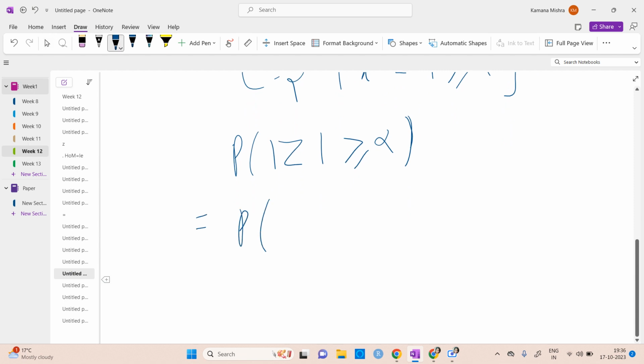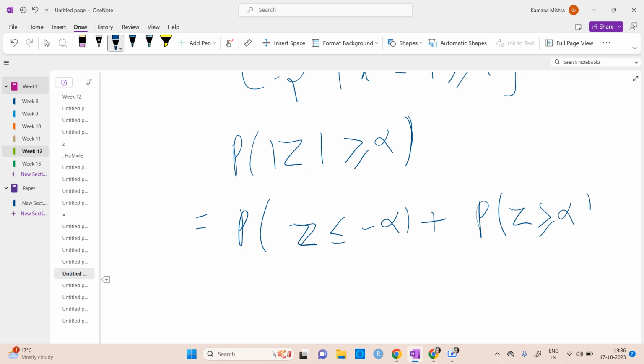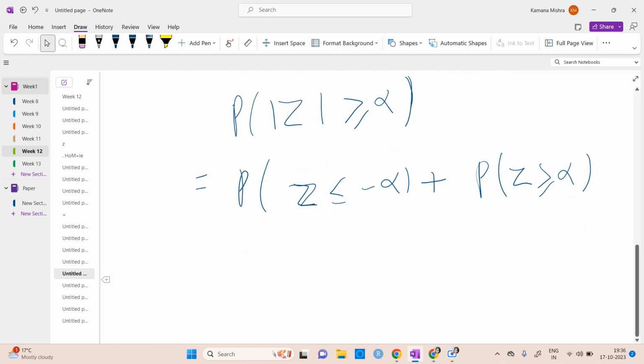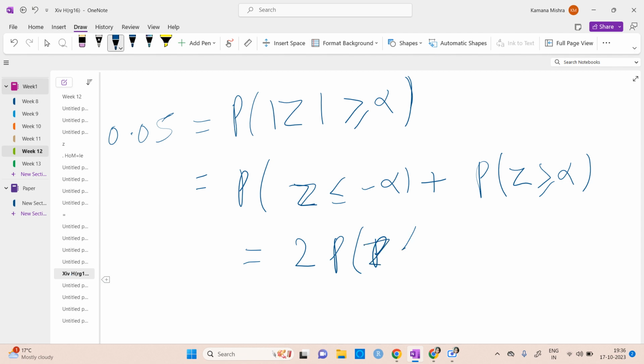The probability that z is less than or equal to minus alpha plus the probability that z is greater than or equal to alpha, right? And these two probabilities are the same. So then you can write this as 0.05, probability z greater than or equal to alpha.